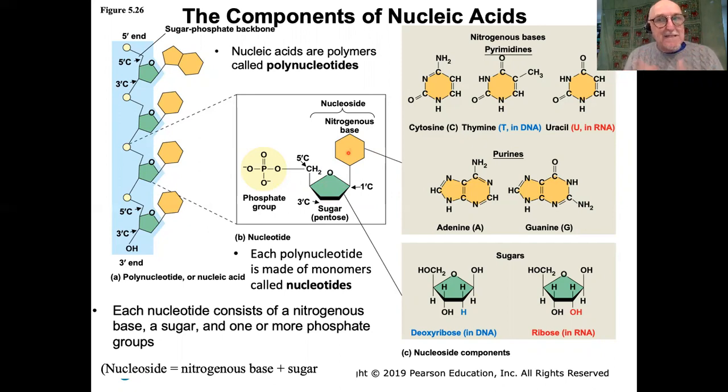It's only slightly basic, but nonetheless, it is classed as a base. And then on this side, here, the third part of a nucleotide is a set of phosphate groups. So there's this phosphate-rich area here, sugar here, nitrogen-rich basic area here. So those are the three units.